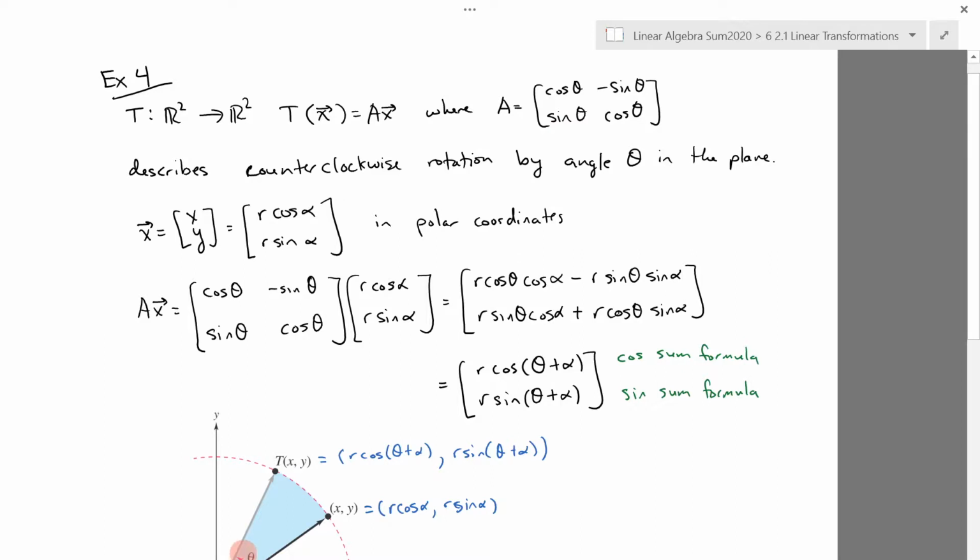If theta is positive, that means you're going counterclockwise. If theta is negative, it means you're going clockwise.